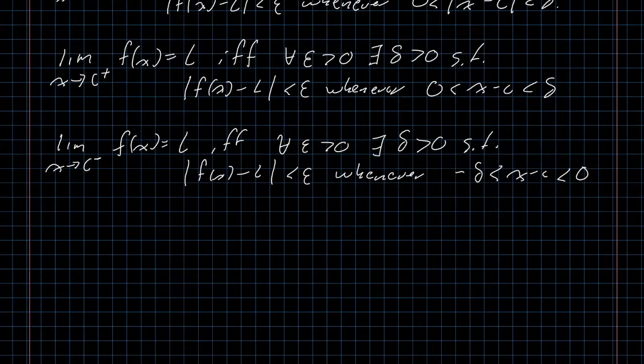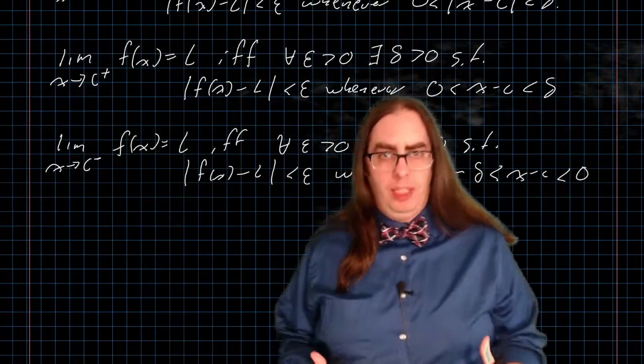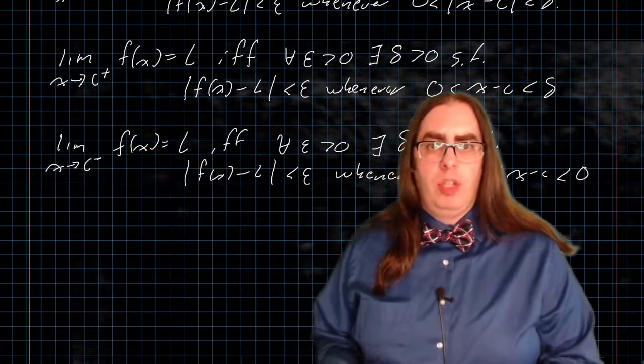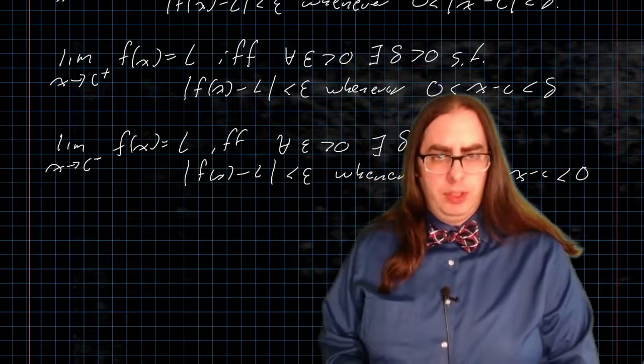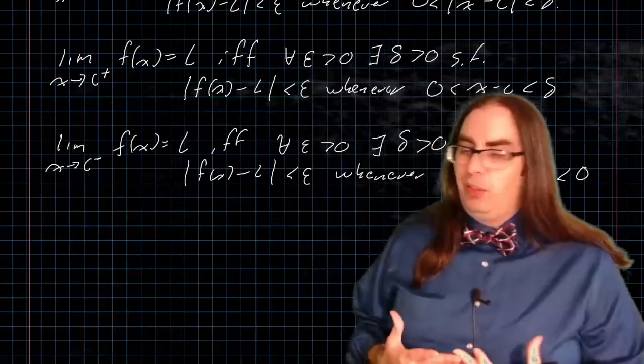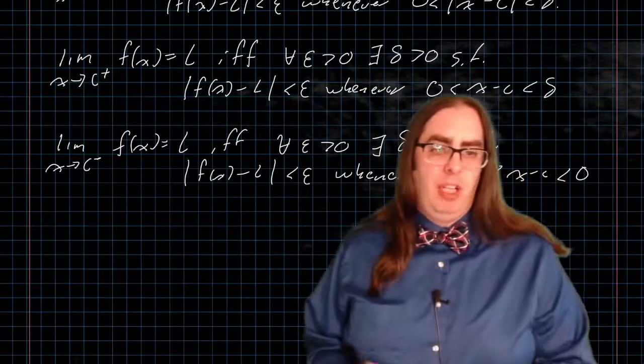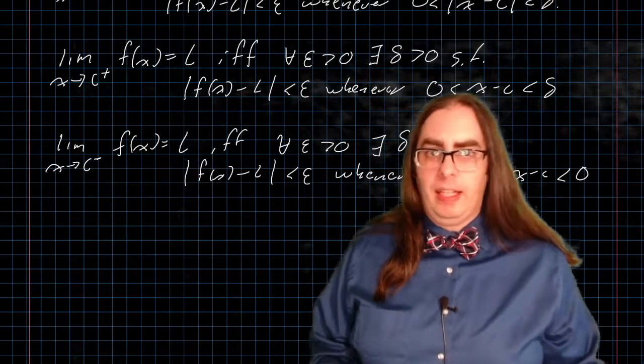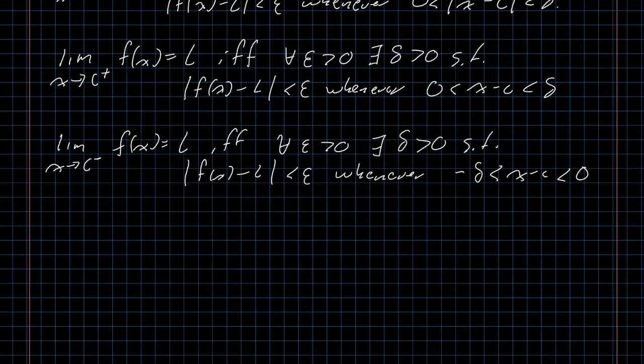All right, so we have a one-sided limit on the left, we have a one-sided limit on the right, and the definitions look incredibly similar to the definition of the limit. And so just like the original definition of a limit, I want to think about this graphically before anything else. So let's take a look at something that looks like that.